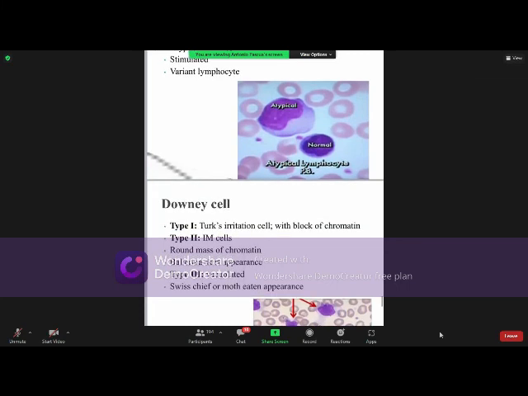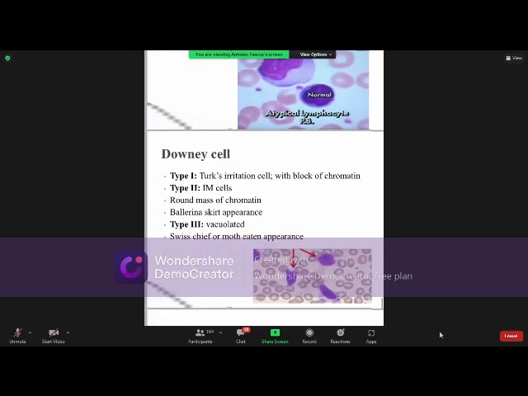And as an atypical lymphocyte, you have three types. You call it as Downey cell and you have three types. Type 1, type 2, and type 3. Pag sinabi nating type 1 Downey cell or type 1 atypical lymphocyte, you have blocks of chromatin bodies within your cell. Merong mga buo-buo na malalaki na makikita nyo sa nucleus at sa cytoplasm.